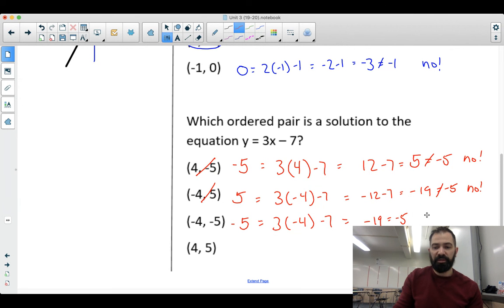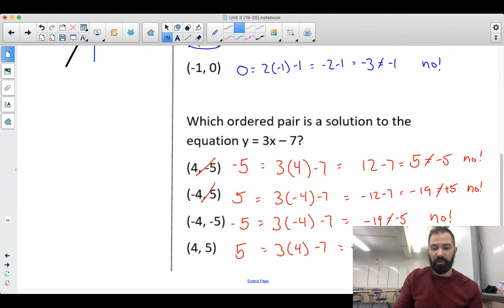Does -19 equal -5? Again, no. It should have been positive 5. Sorry.